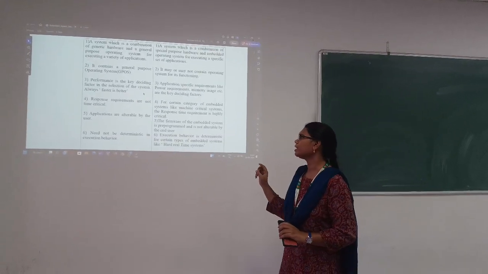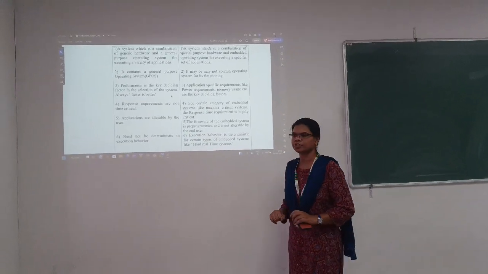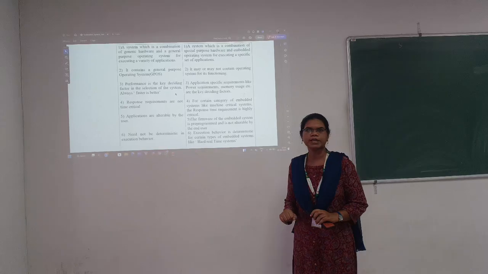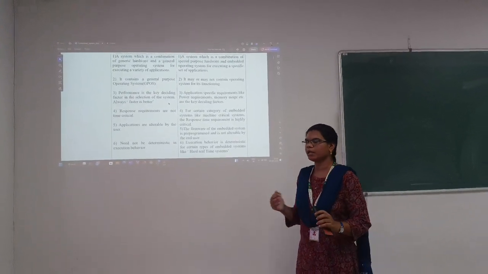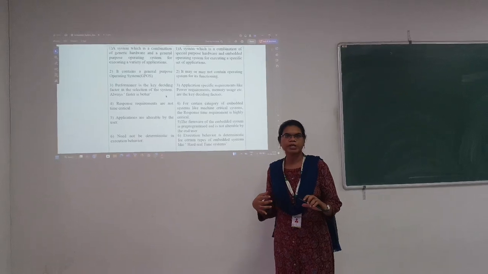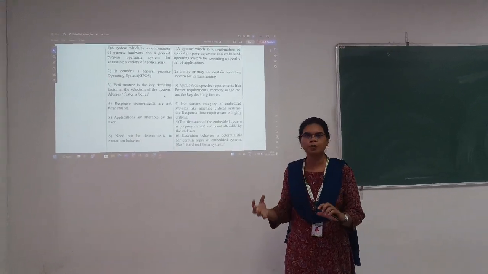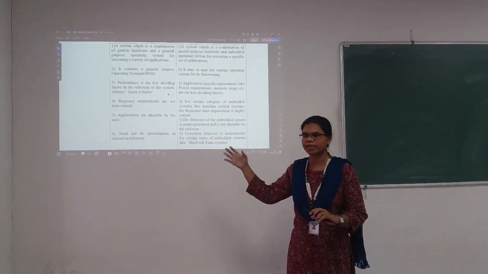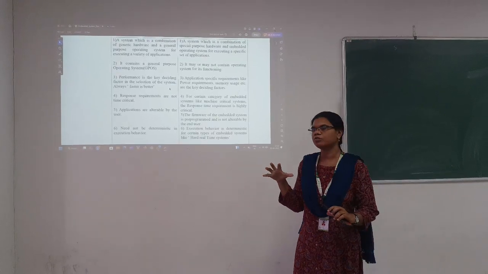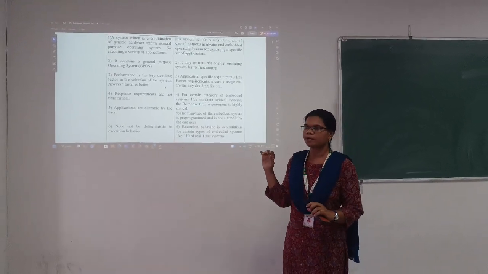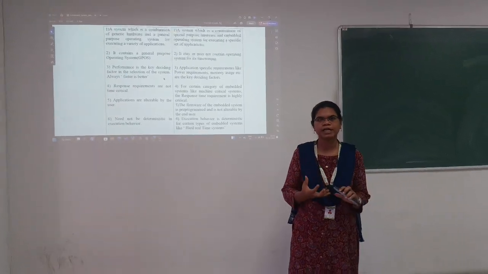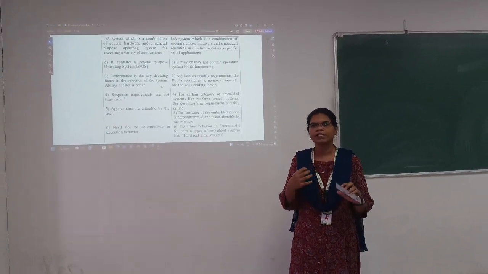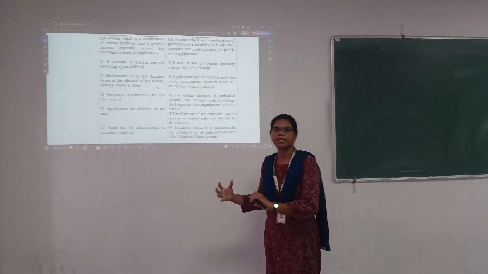And the next one is the need to be deterministic in execution behavior. So what is the need to be deterministic in execution behavior? Whenever we apply an input, we are expecting an output related to that input, which is said to be deterministic. So in a general purpose operating system, whenever we are developing applications or performing any function, we know that for this input we will be getting a certain desired output.